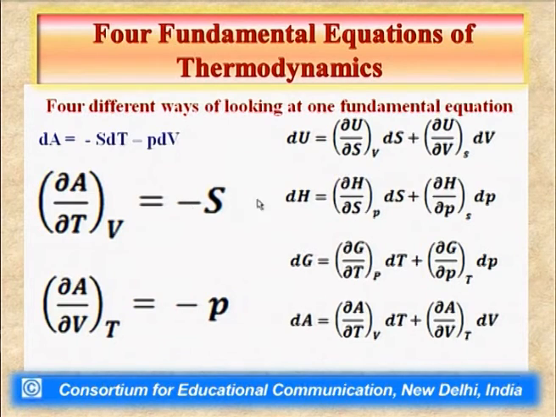What it suggests is, since entropy will always be a positive quantity, because it always increases with temperature, we can take this dT to the right hand side, therefore dA equals minus S dT at constant volume. So, it means if the volume of the system is kept constant, when you increase the temperature of the system, Helmholtz energy will decrease. What is Helmholtz energy? It is A equals U minus TS. So, as you increase the temperature, the TΔS factor would increase more than the increase in just the internal energy.